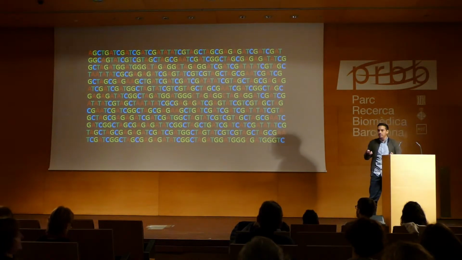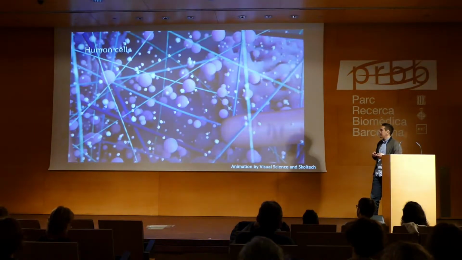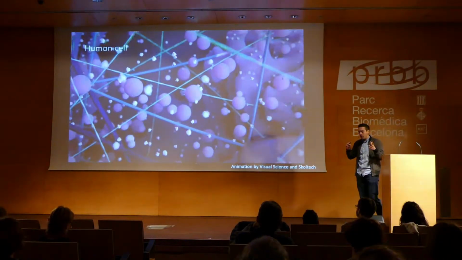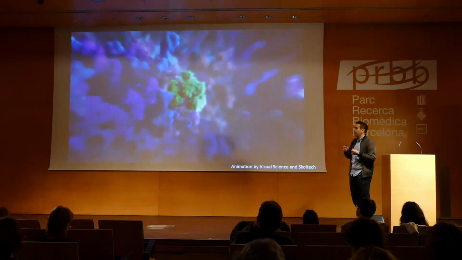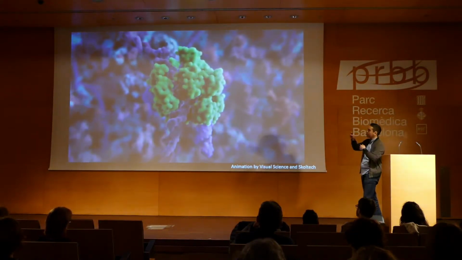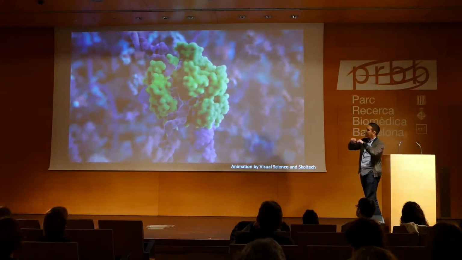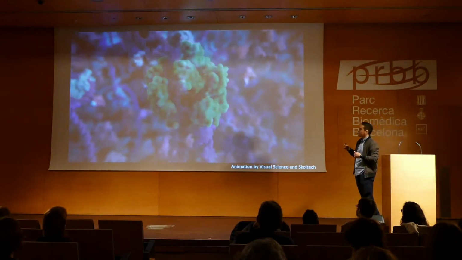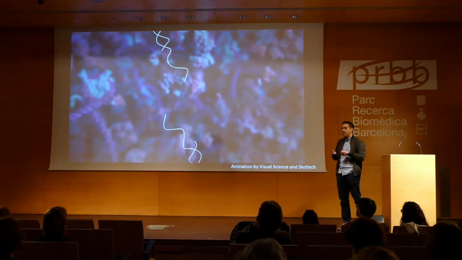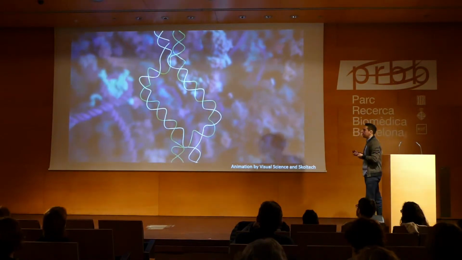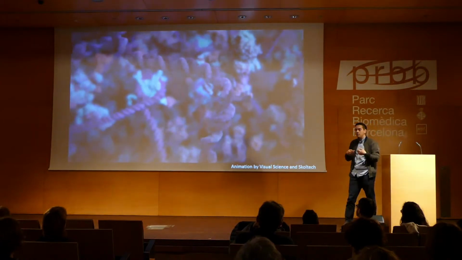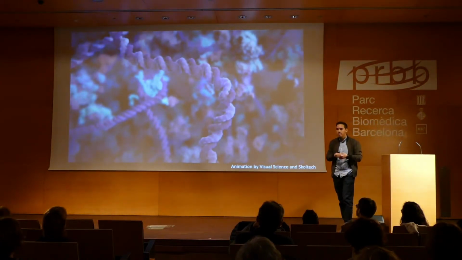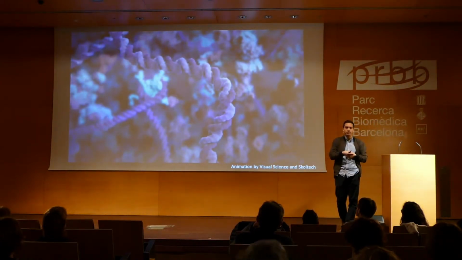And CRISPR technology works on the basis of how we can edit those mutations by basically having this protein, which is in green, that opens up the DNA and allows us to insert new sequences and create a new DNA strand that is fixed, that doesn't have the same issues it had before.